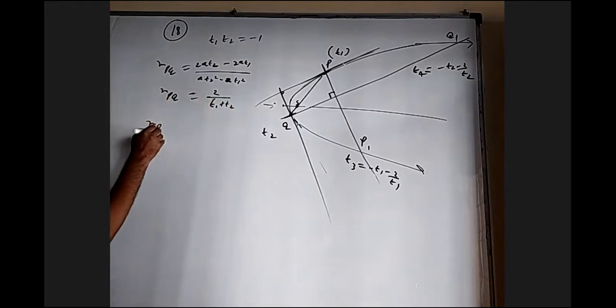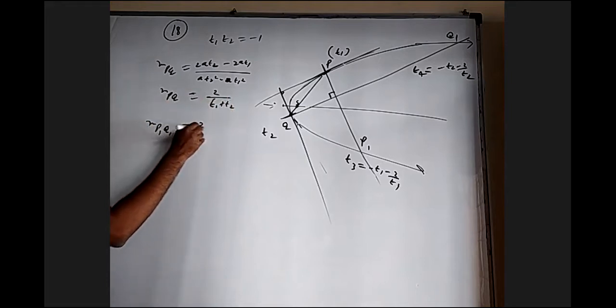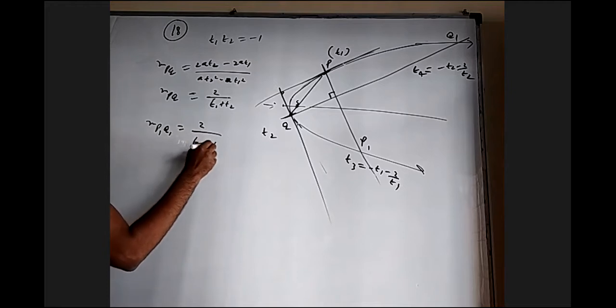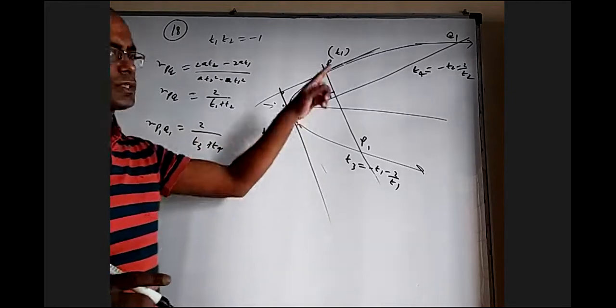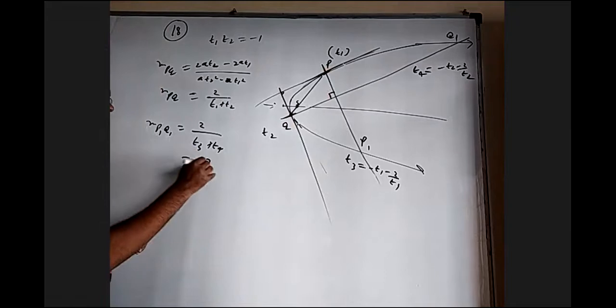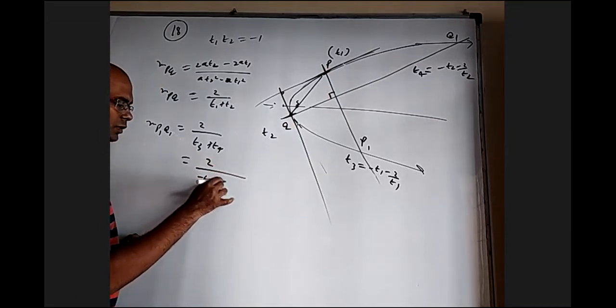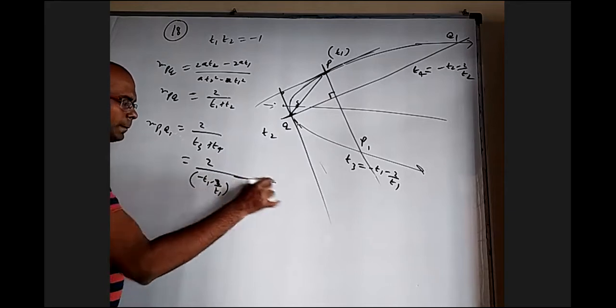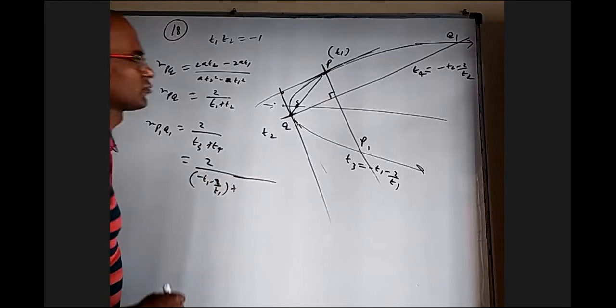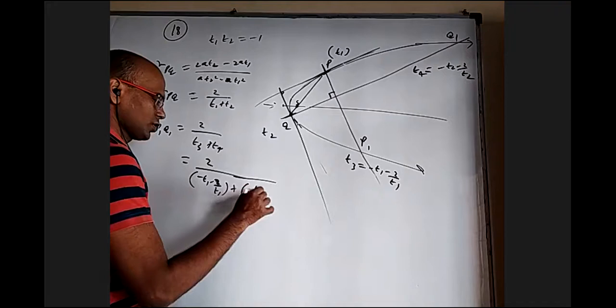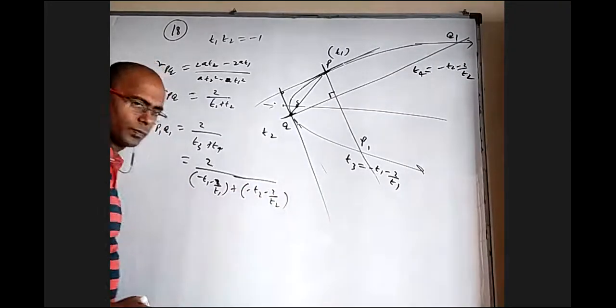The same way, slope of P1Q1 is 2/(T3 + T4), because this is T3, this is T4. But in the place of T3, I can write -T1 - 2/T1. And in the place of T4, I can write -T2 - 2/T2.